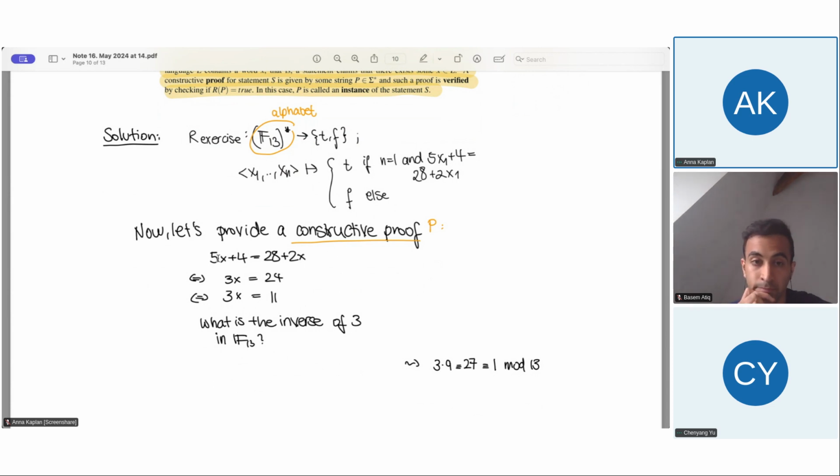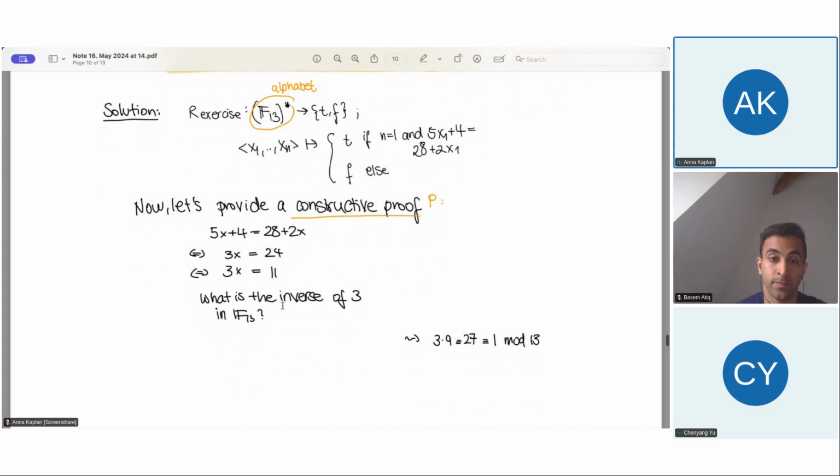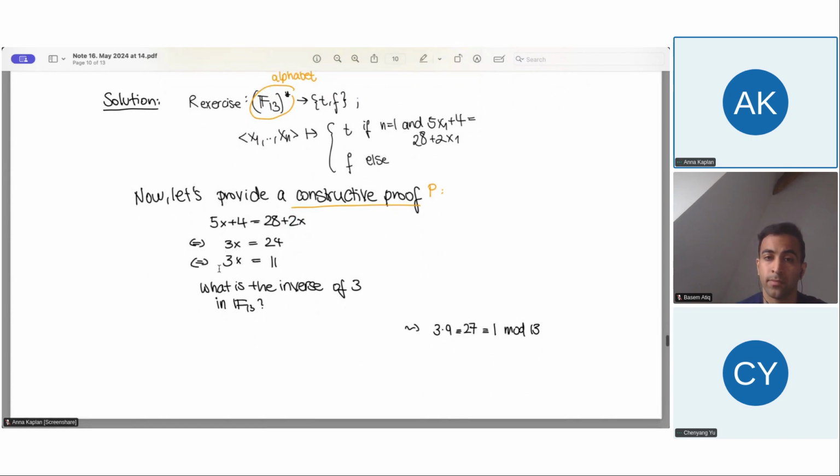So we put all the terms with x on one side and add 4, and in modulo 13 we end up with 3x equals 11. Now we have to find the inverse of the number 3 in F13, so we multiply 3 by something that gives 1 mod 13, and that's 9.